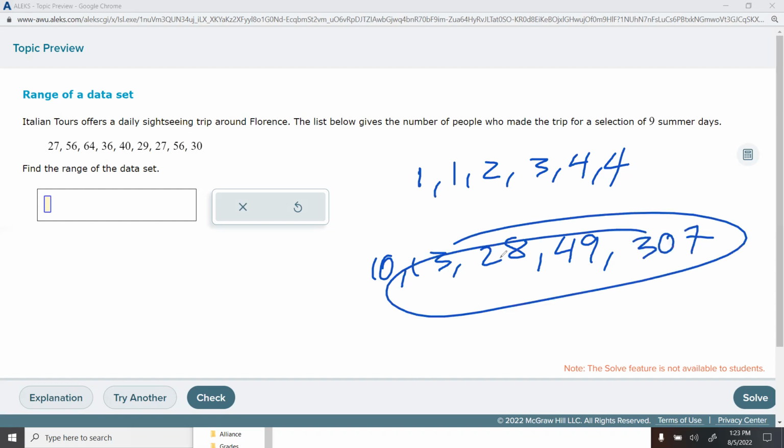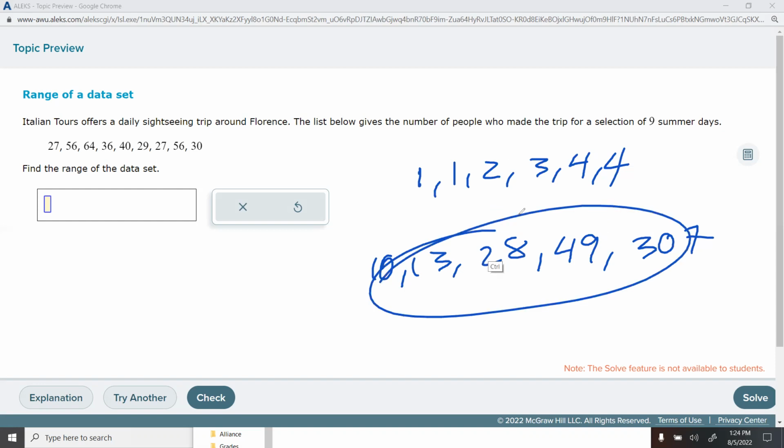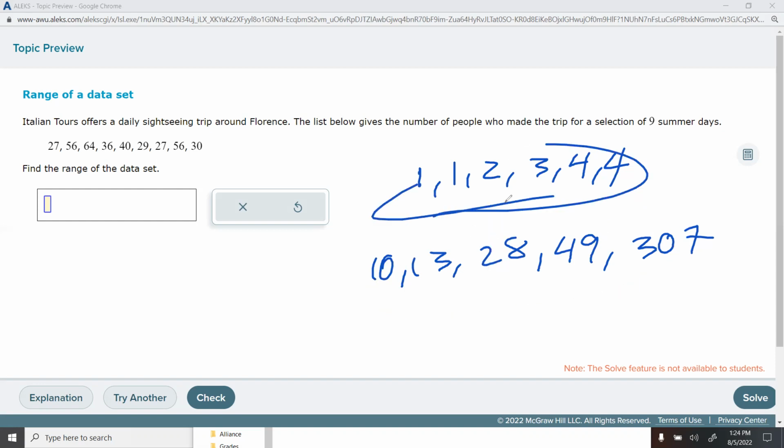This data is much more spread out than this data. And the more spread out it is, the less consistent it is. Here, the data is very consistent, but it's not spread out. That's something to think about.